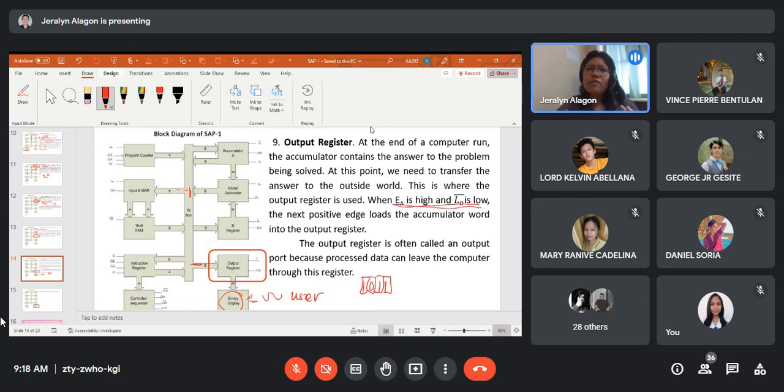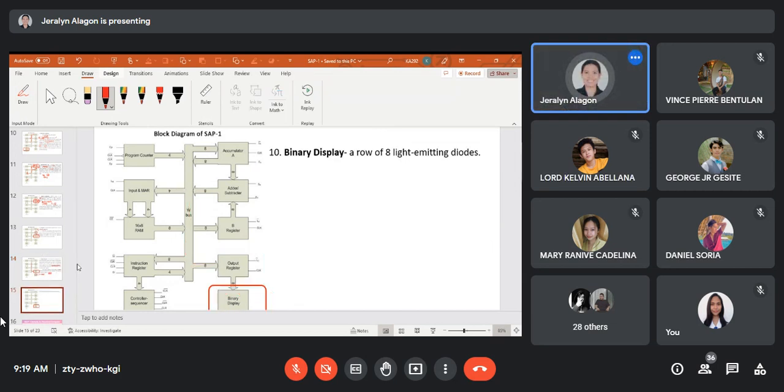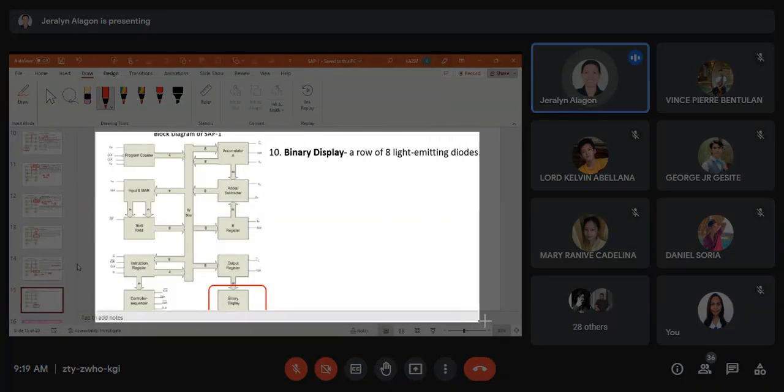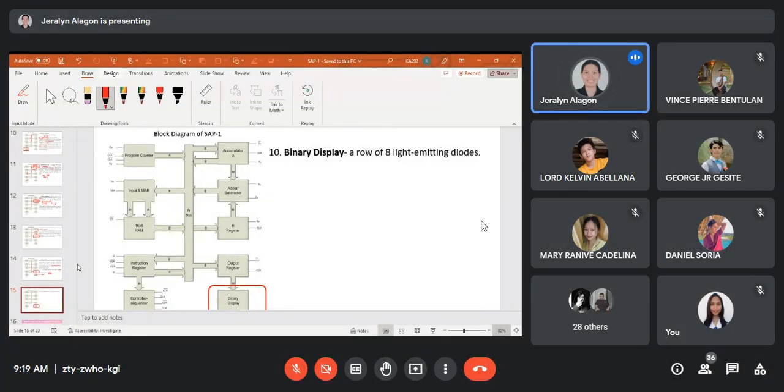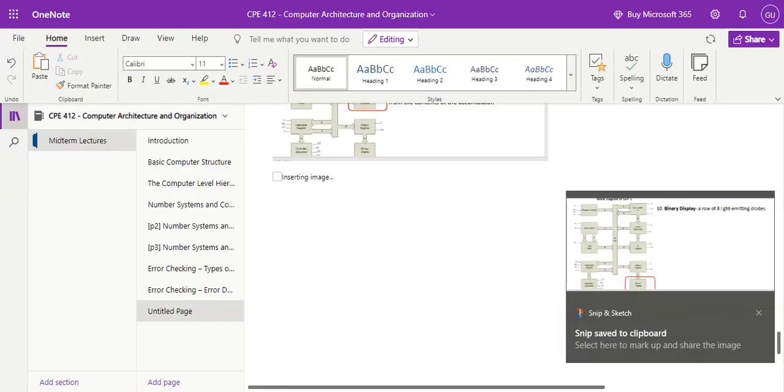It happens that the value in the accumulator will be loaded to the output register under the condition that EA is high or L sub O is low, and so forth. So our output register is like an output port, because processed data can leave the computer through the register. Of course, in the binary display there are 8 light emitting diodes, the diodes used to light up or turn off the corresponding bits.